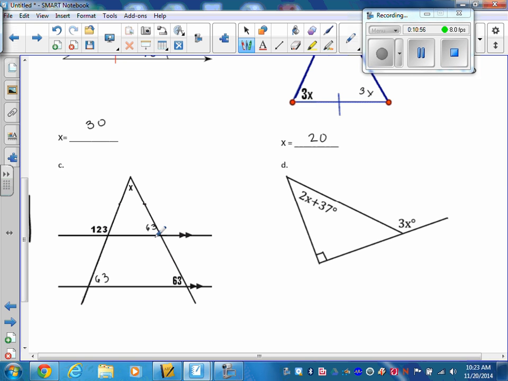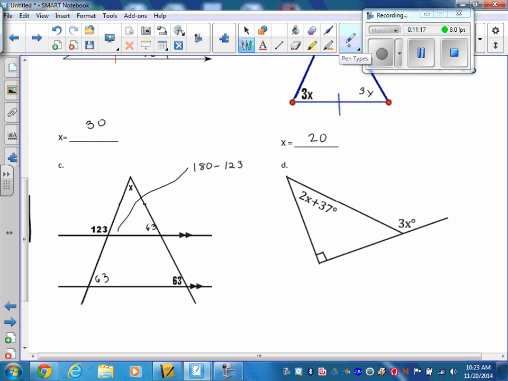So what does that make this angle? This angle is 180 minus 123. So what's 180 minus 123? So this angle must be 57 degrees.